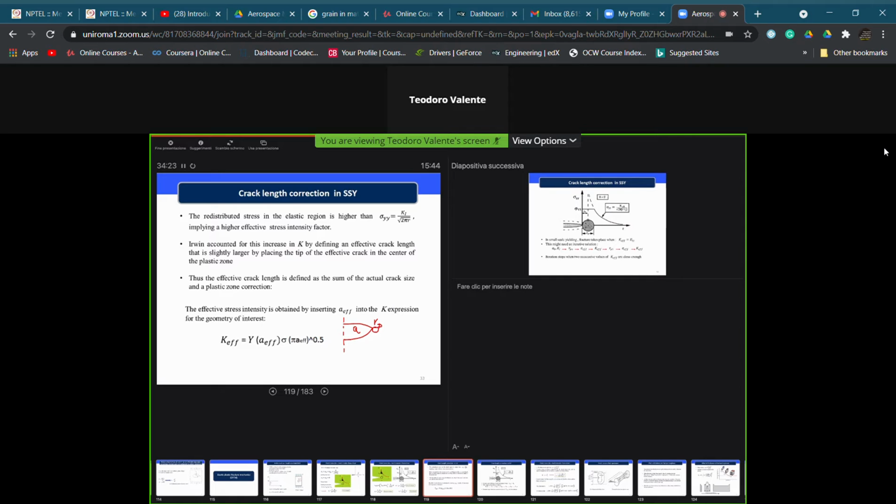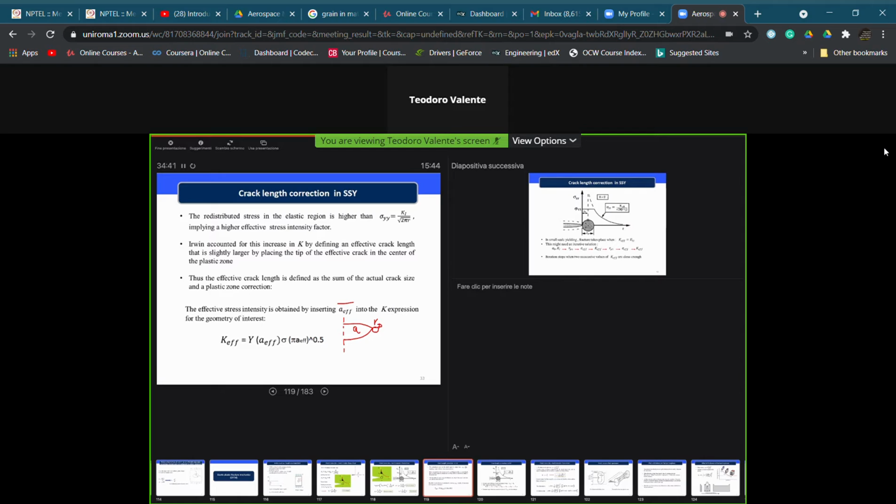And so we have an effective, or if you want, modified crack length in order to take into account damage which is due to the presence of plasticity around the crack tip.